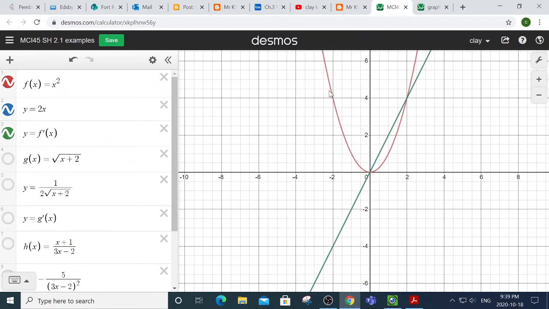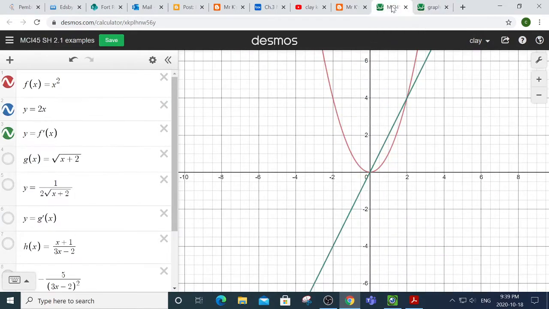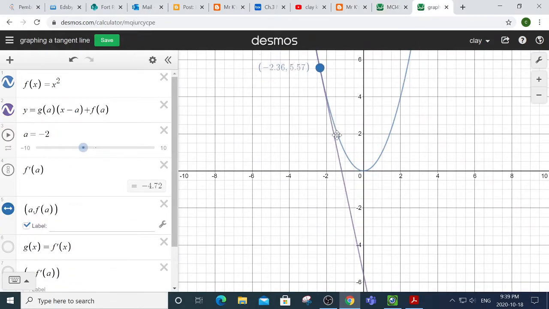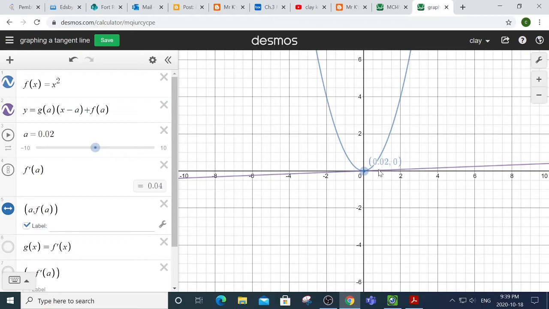Everywhere up here, the slope is negative. So it makes sense that on the graph, the green line's negative until I get to 0. Remember that the slope at 0 is 0. So that makes sense that we cross the x-axis right there. And then everywhere going up this way, the slope is positive, hence the green line is positive.